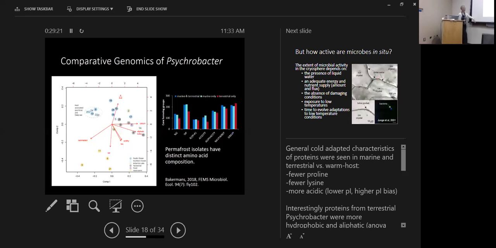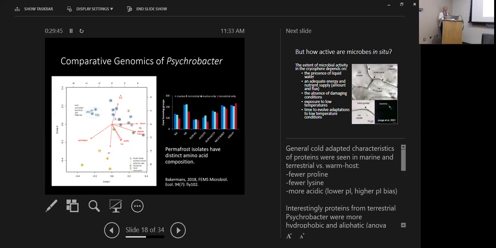We see that in terms of aliphatic index and the grand average of hydropathy of the proteins. Hydrophobicity is known to change with cold adaptation, but it is one of those signals that's sometimes hard to find in the classic psychrophiles, because often the exterior of the protein becomes more hydrophobic and the interior becomes less hydrophobic with cold adaptation.